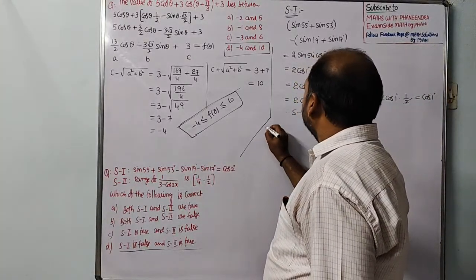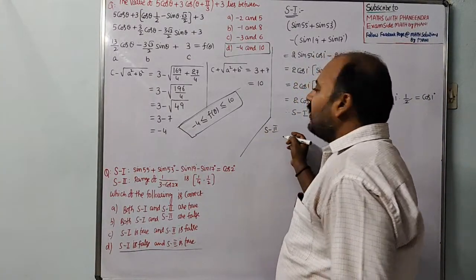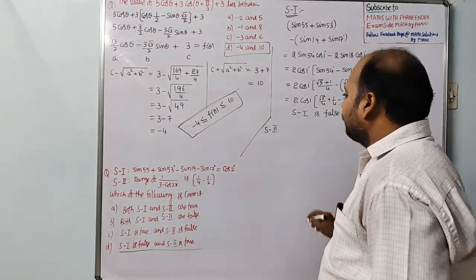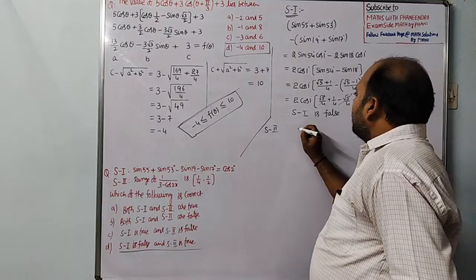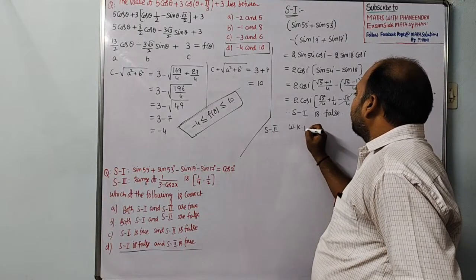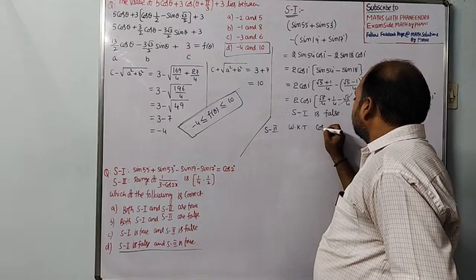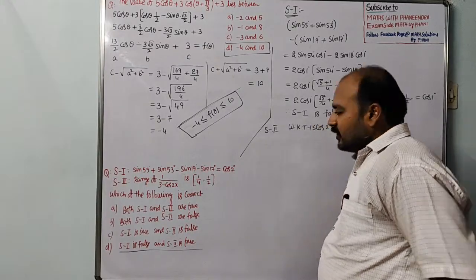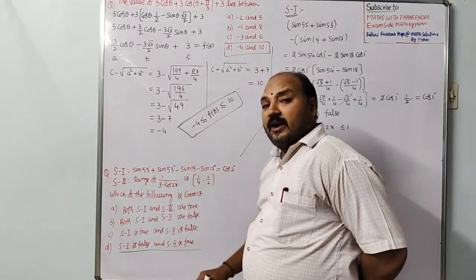Just we will write this statement 2. Anyway, separate questions they ask like this. So first we know that cos 2x lies between minus 1 and plus 1. But here minus cos is there.